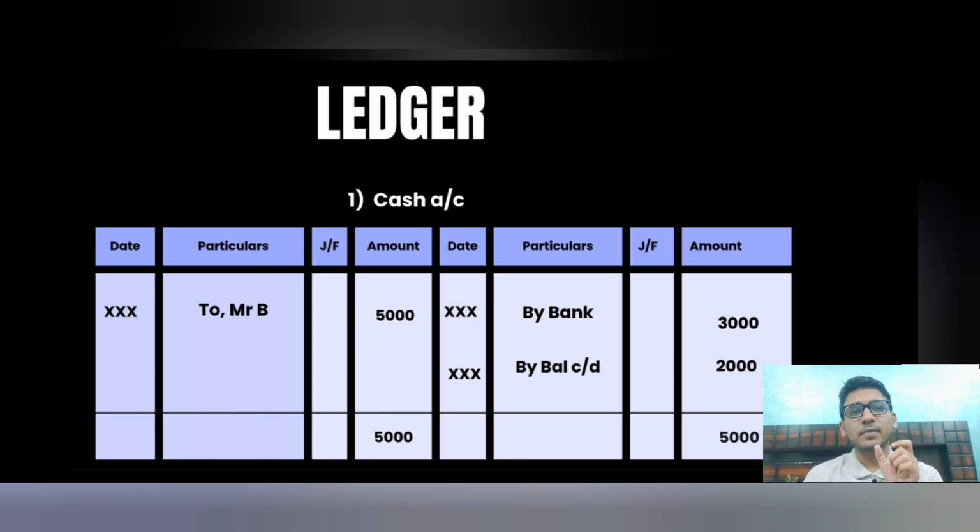So if the bank account is being debited, under the ledger we write 'by bank', and in the second journal entry we can see that cash account debit to Mr. B, who is the supplier, so in the ledger we have written 'to Mr. B'. We can see that the difference amounts to 2,000 rupees. That difference becomes our carried forward balance, so we have written 'by balance c/d' 2,000 rupees. And remember, both sides should have the same amount. The amount should be equal.